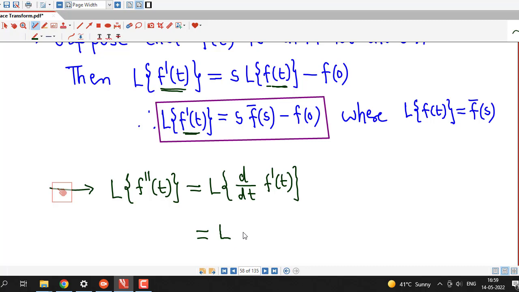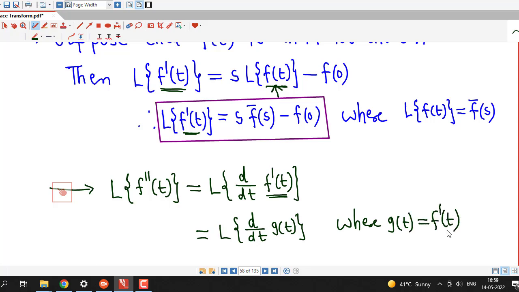So here we have derivative of f dash. In this formula this f of t will be replaced by f dash t, or we can assume that f dash t is some other function, say g of t, where g of t equal to first derivative of f.